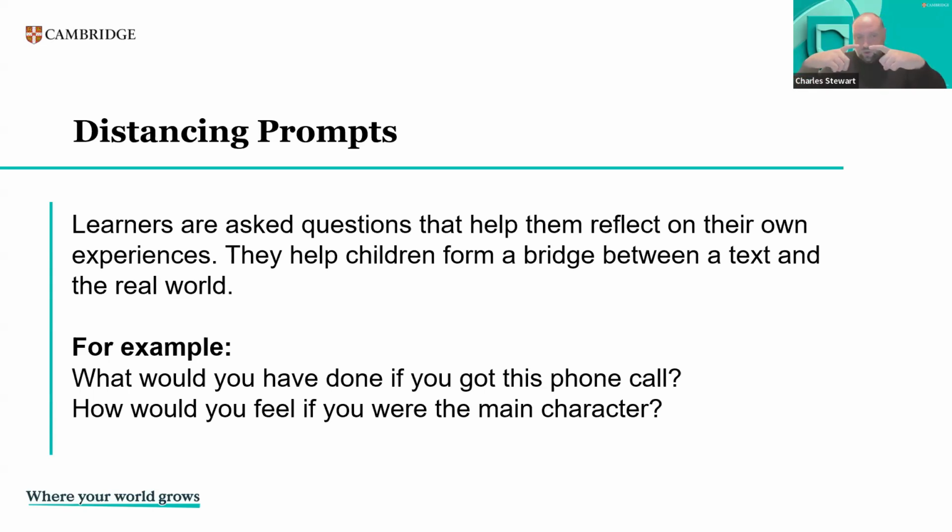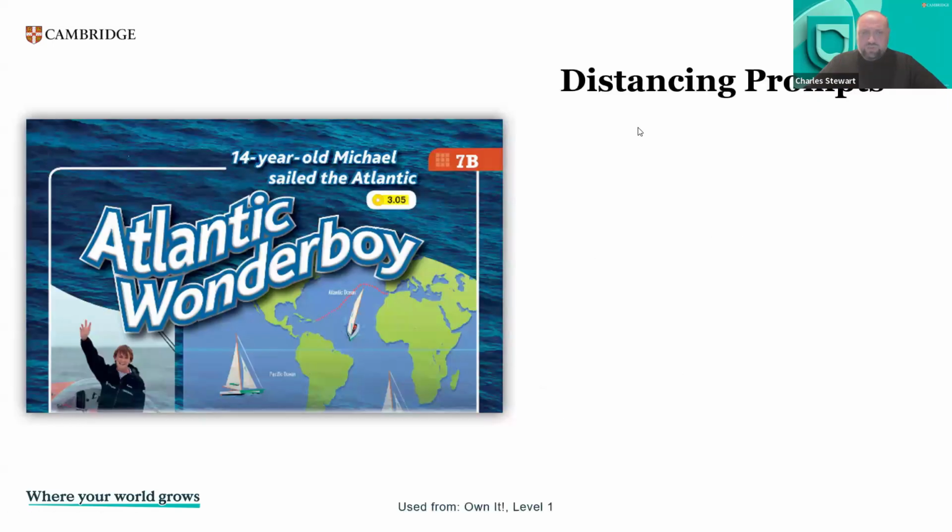Here, your goal is to create a bridge between the text and the real world for the learner. For example, what would you have done if you got this call? How would you feel if you were the main character? So we can see two different example questions, one for a higher level class, one for a lower level class. Yet in both of them, we're bridging the story and the real life of the learners.